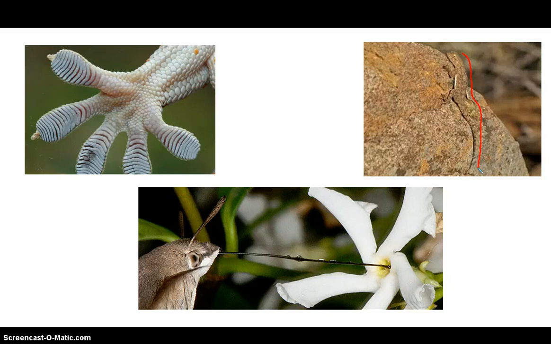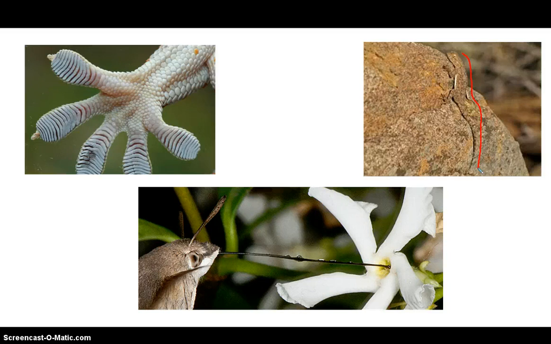If we look over to the left, there are the foot pads of a gecko, and because of the shape and the interaction that those foot pads have, he's able to scale surfaces like glass straight up, and it gives him a huge advantage over other organisms in terms of being able to escape predators, hunt prey, and whatnot.